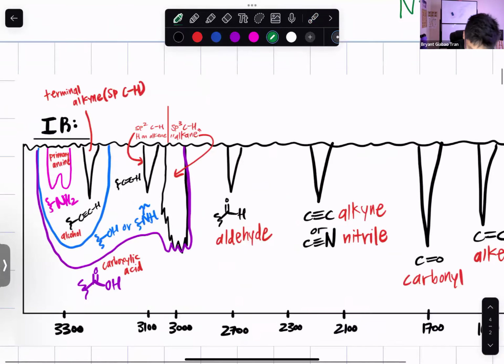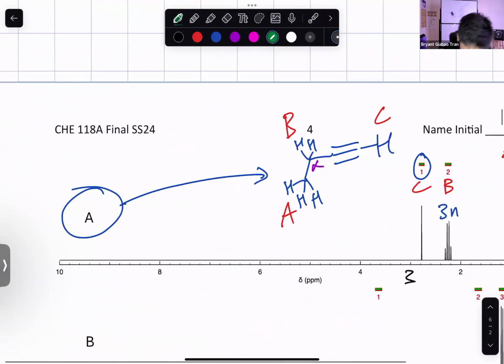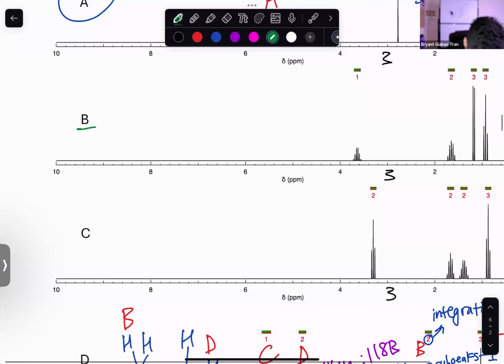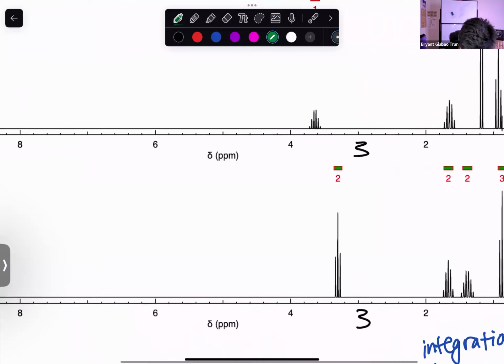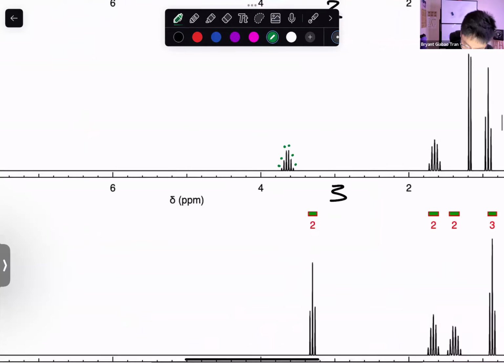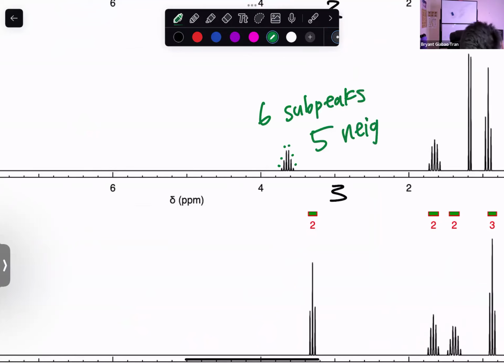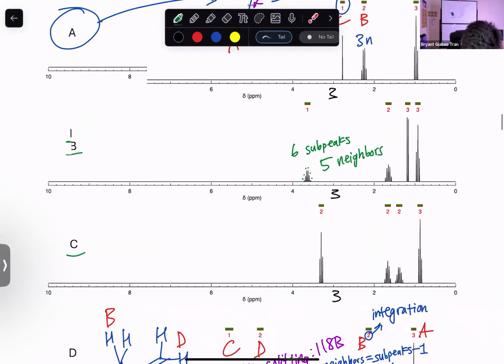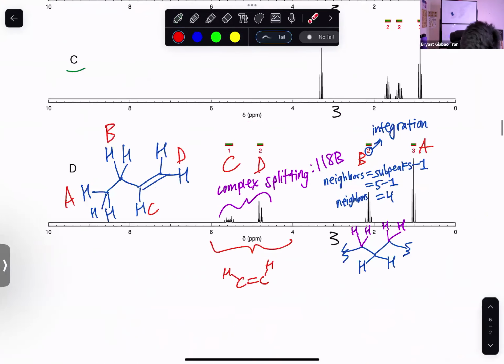So now let's go back to the option choices. Let's see which one, B or C, has 6 subpeaks. It looks like this one. 1, 2, 3, 4, 5, 6. 6 subpeaks representing 5 neighbors, right? Because neighbors, where's that equation? Oh, right here.